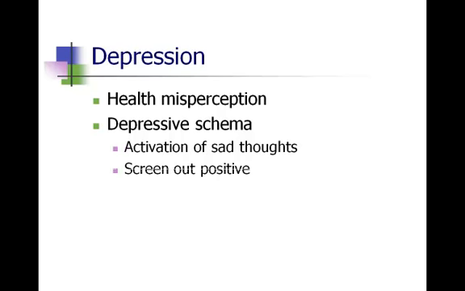Depressive schemas also seem to serve to screen out the positive, right? Again, kind of like with aggression, because you have a well-developed depressive schema, it's easier to process information that's sad, that fits with the schema. It's hard to process information that's inconsistent or discrepant with your schema. That's why, and probably a few of you can relate to this, back in the day we had rotary phones, right?